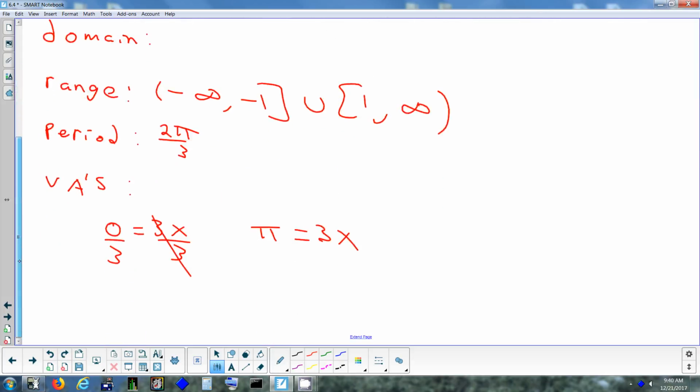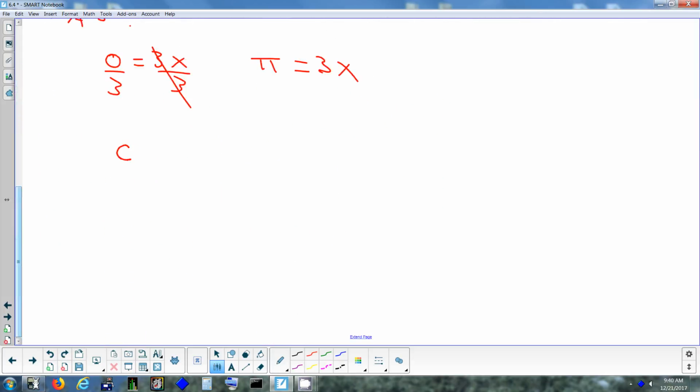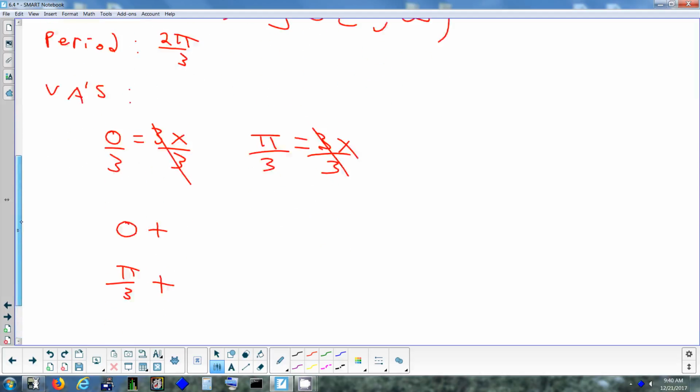Now, because one of them is 0, obviously that one won't change, but the other one will. So now we have asymptotes at 0, and another asymptote at pi over 3. Those asymptotes are going to repeat every period. Let's go back up. Our period is 2 pi over 3.